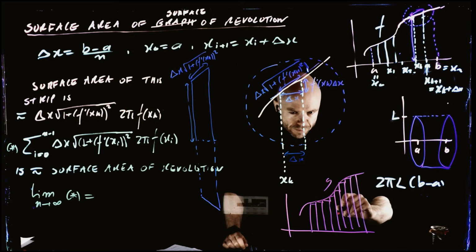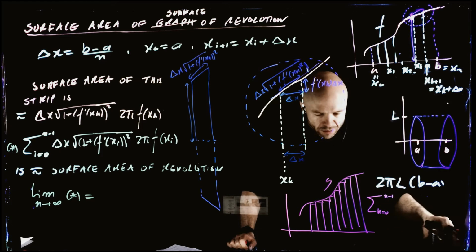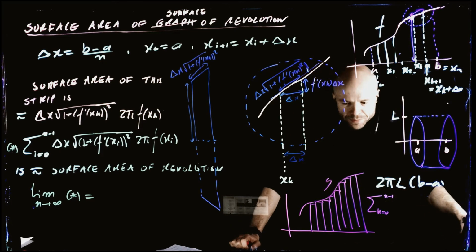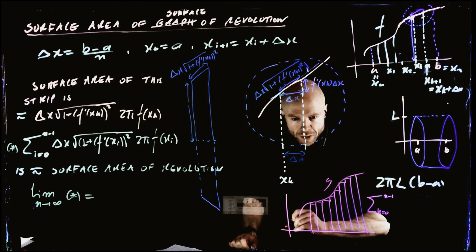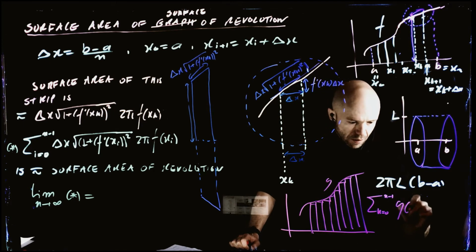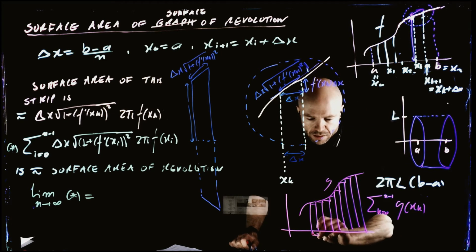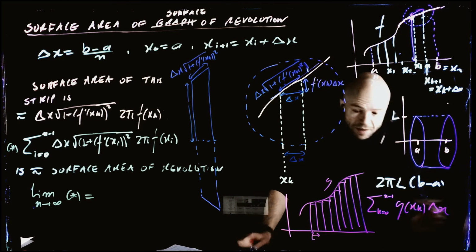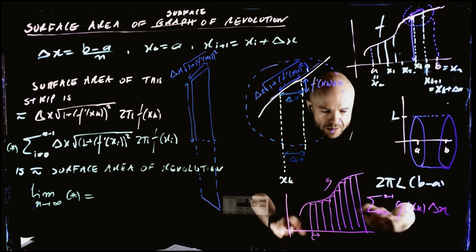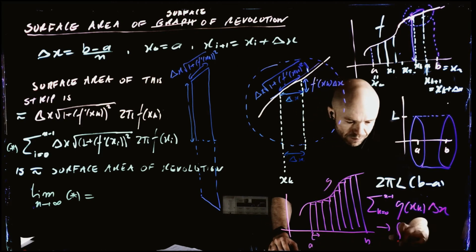So then you have an expression like this: the sum from k equals 0 to n minus 1, if we're doing the left endpoint approximation, where the height is defined by the left point of the interval, g of xk, and then the base is just the delta x that we cut things up into. And then your picture says that as we do this, this thing tends to the integral from a to b.